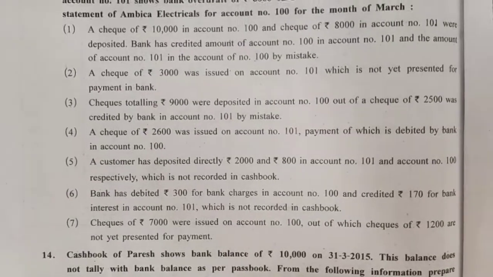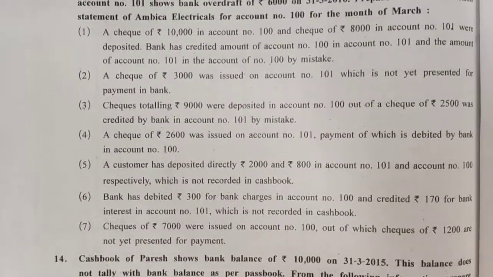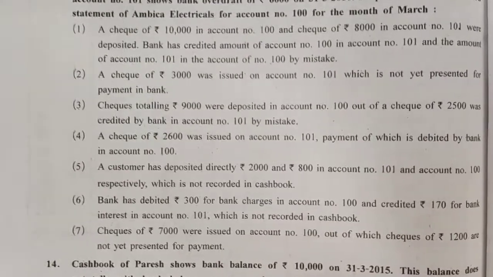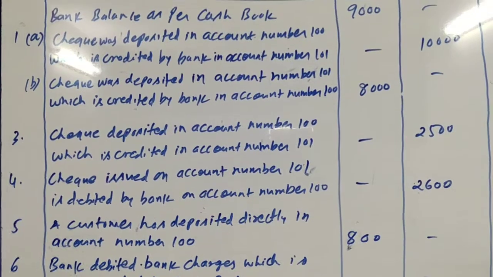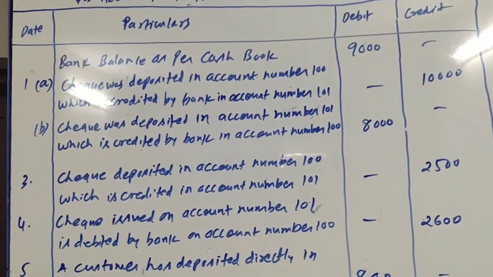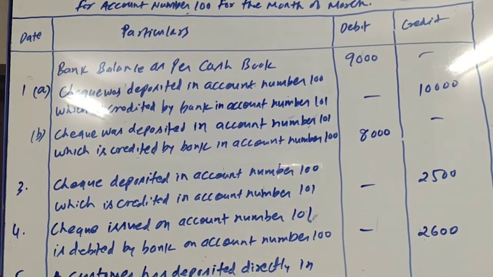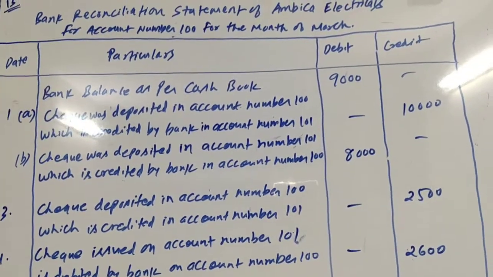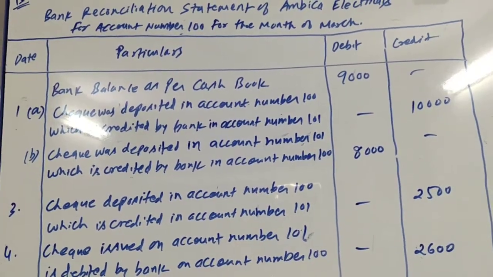That is, simply it is not credited in account number 100. So we will be crediting this in our bank reconciliation statement. So here it is. Third number, check deposited in account number 100, which is credited in account number 101. We have recorded the amount at the credit side, rupees 2,500.